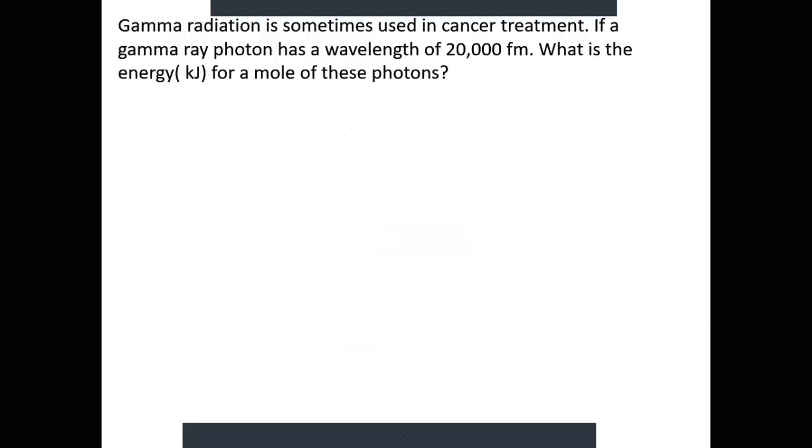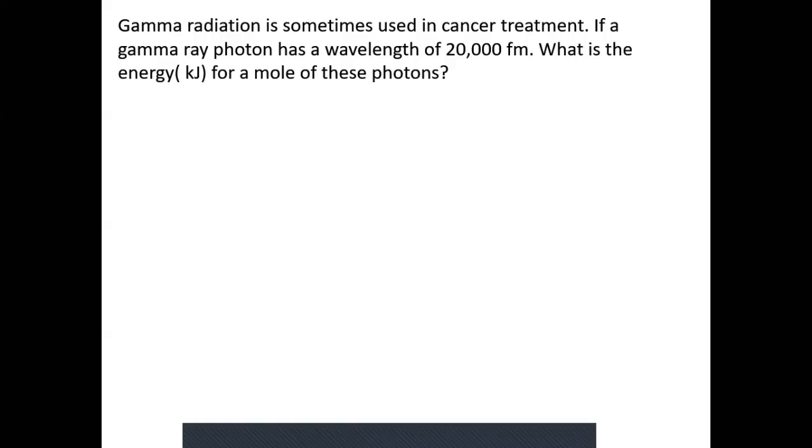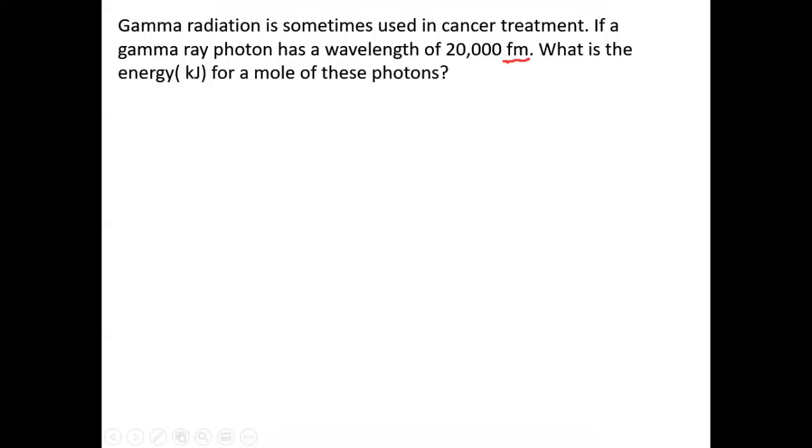So here we have gamma radiation, which is used sometimes in cancer treatment. It says a gamma ray photon has a wavelength of 20,000 femtometers. What is the energy for a mole of these photons? So here we have a wavelength of a photon that's in femtometers. It's 20,000 femtometers. We want to know what's the energy for a mole of these photons.